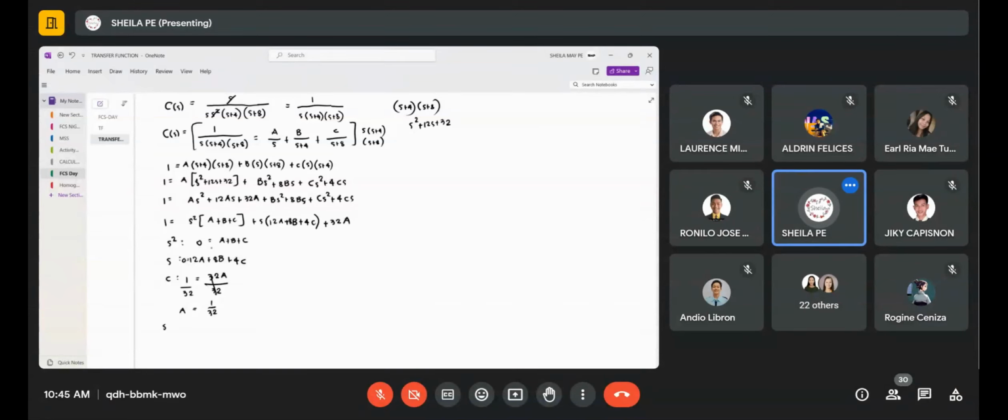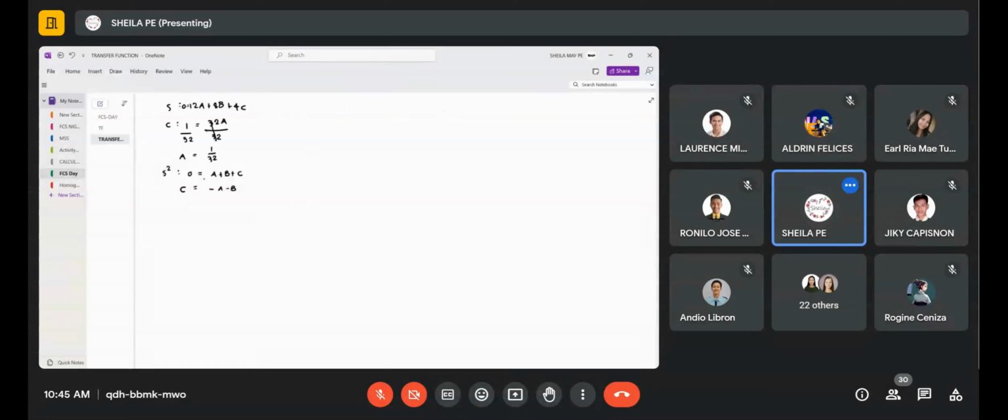Using our s squared equation, a plus b plus c equals 0. So I want to have a letter c. So that would be negative a minus b. And we already have our a, which is 1 over 32 minus b.